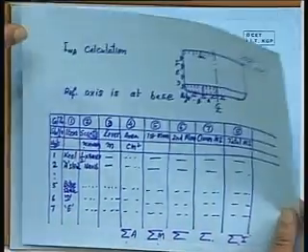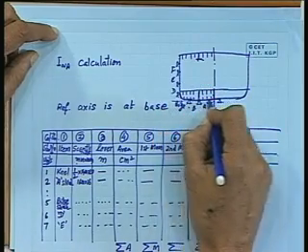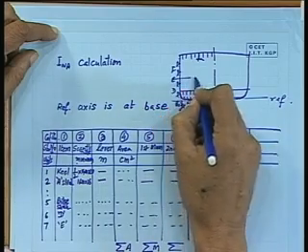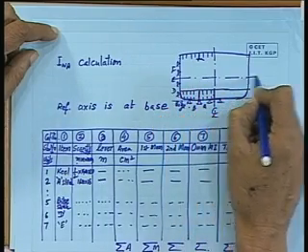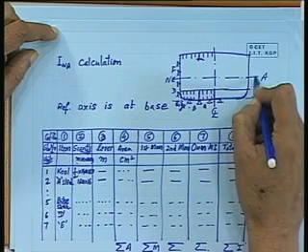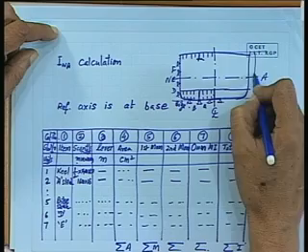Okay. Now, here I have taken this reference and INA will be somewhere here, and this will become my YK, Y of the keel, and this becomes Y for the deck.